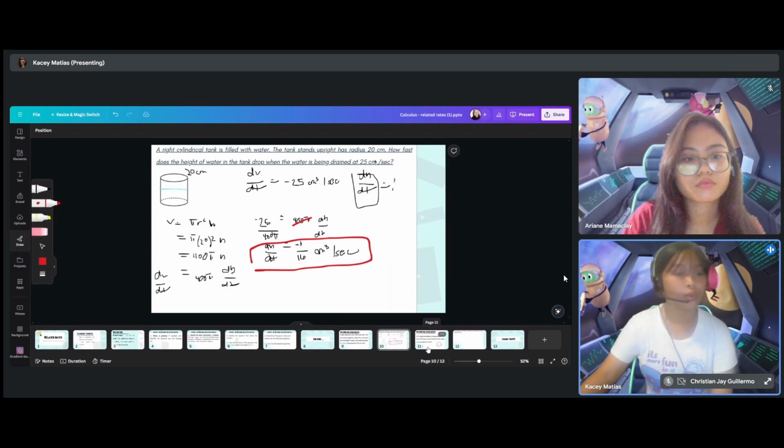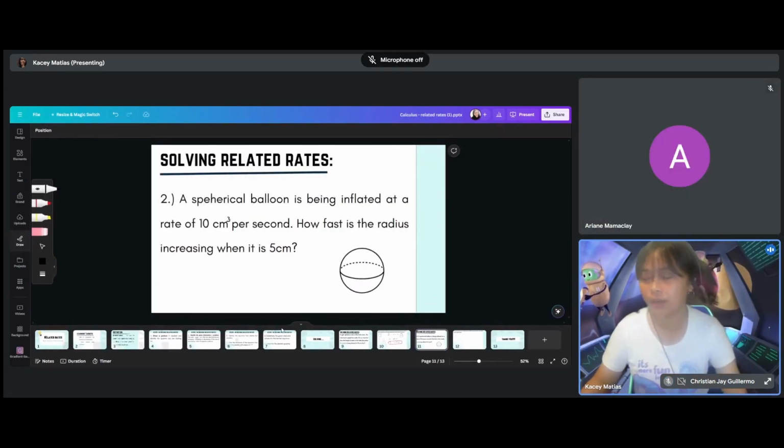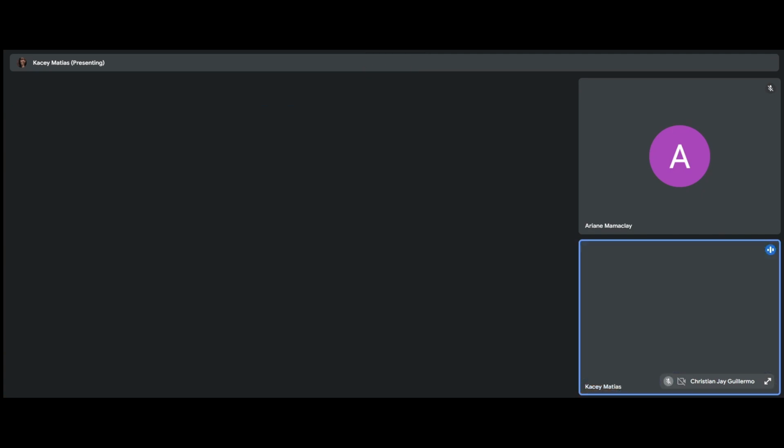So, let's move to problem number 2. A spherical balloon is being inflated at the rate of 10 cubic centimeter per second. How fast is the radius increasing when it is 5 centimeter? So, may given na tayo na una, which is yung radius natin, 5 centimeter. So, kunin natin ulit yung mga given.